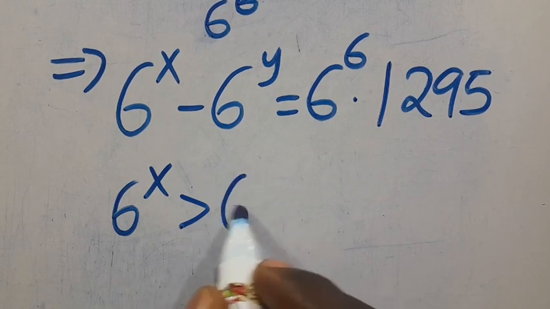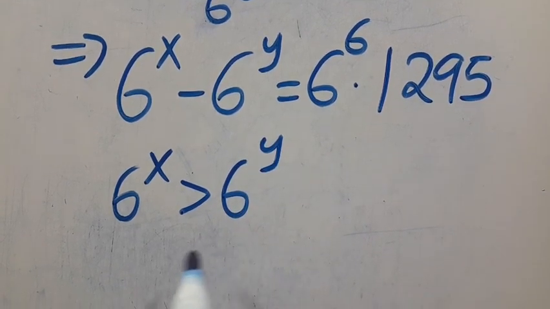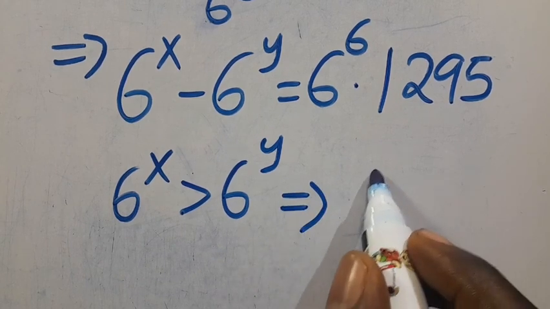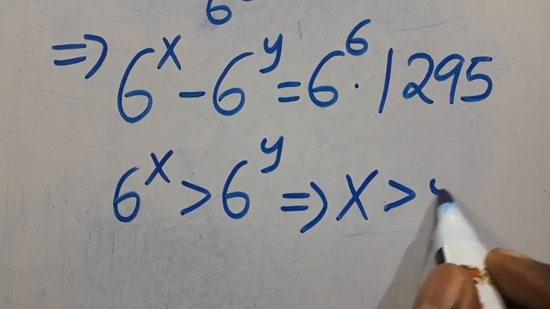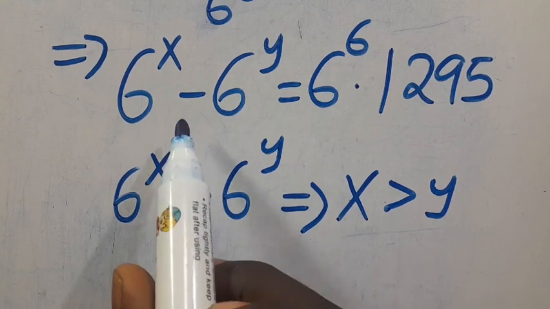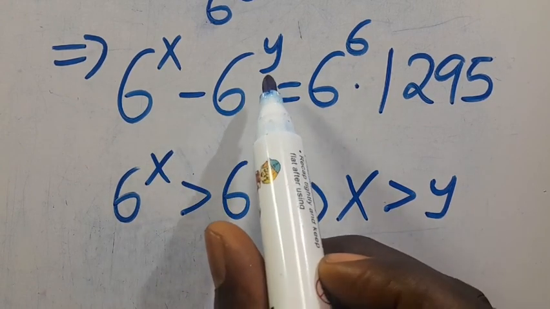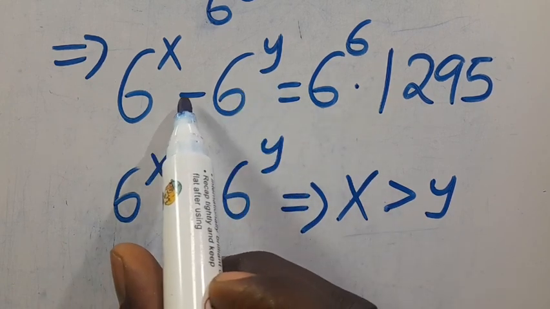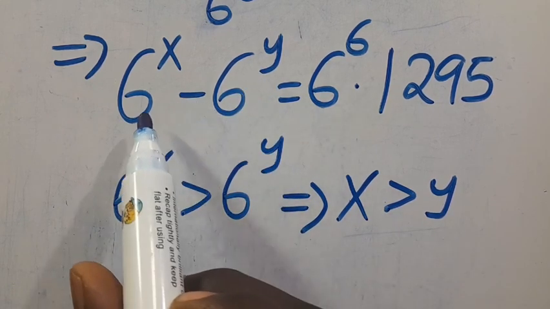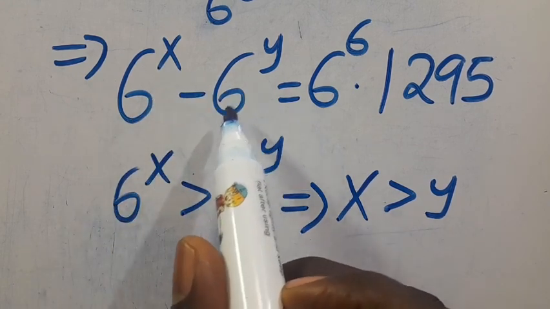So from here, it is obvious from the left hand side that 6 to the power of x will be greater than 6 to the power of y, and this implies that x is greater than y. The reason is that because of this negative, no matter what the value of y, 6 to the power of x will be greater than 6 to the power of y.